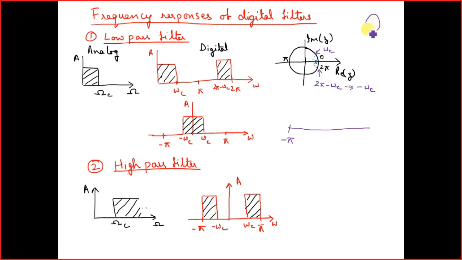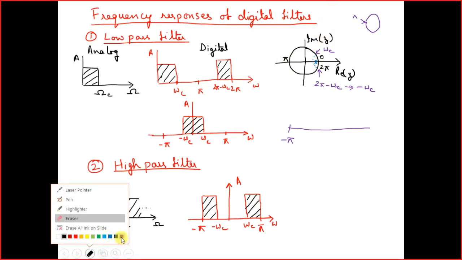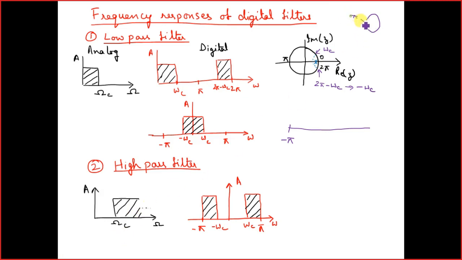When we are drawing the circle, we have tied this pi and minus pi points at the same place. Now if I untie it and put it in linear fashion, what will happen?